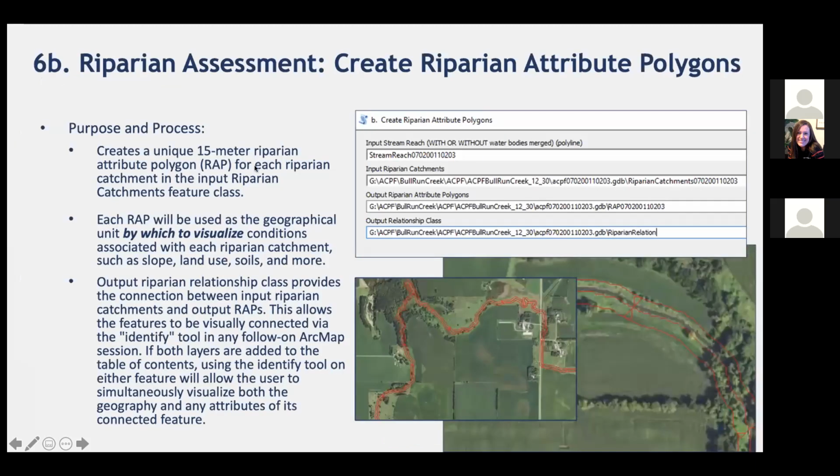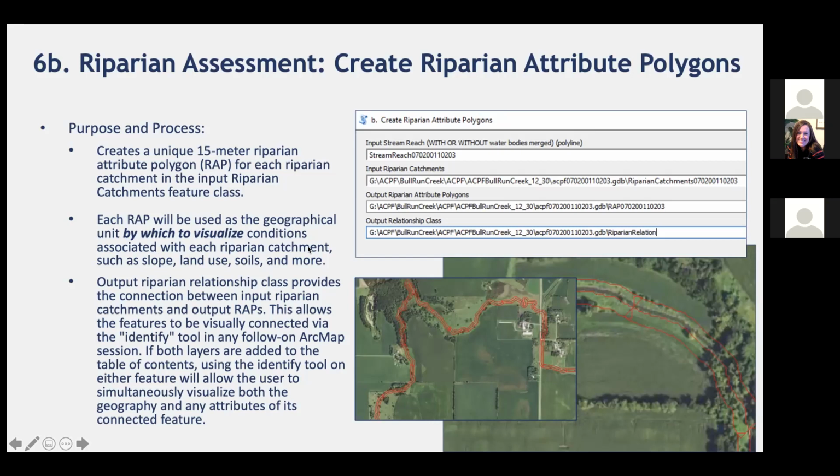Then we use those catchments to create our riparian attribute polygons, or RAPs. These RAPs are 15-meter polygons that are created for each one of those riparian catchments that we just created in our previous step. Each RAP is used as an opportunity to visualize the conditions that might be associated with each one of those riparian catchments.